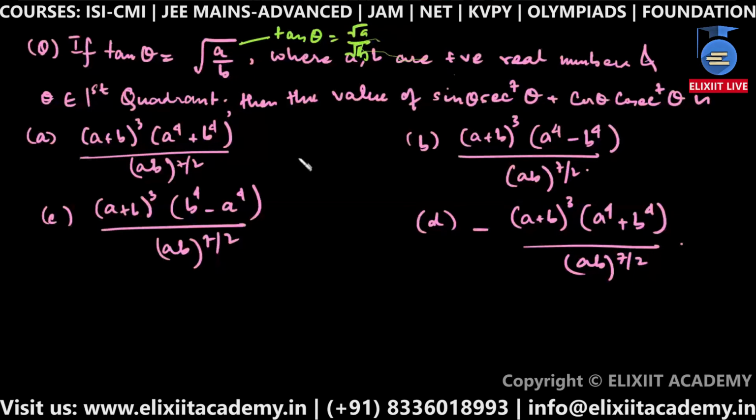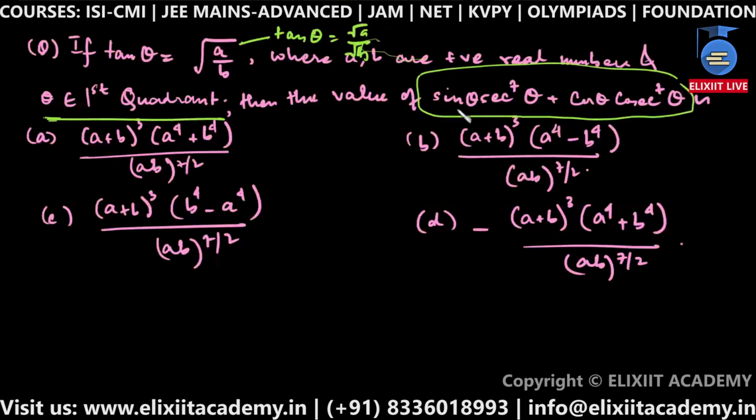This is one benefit you have. You have to find the value of this expression. Very simple. Simply see what is tan theta. Tan theta is perpendicular by base. You know perpendicular, you know base.